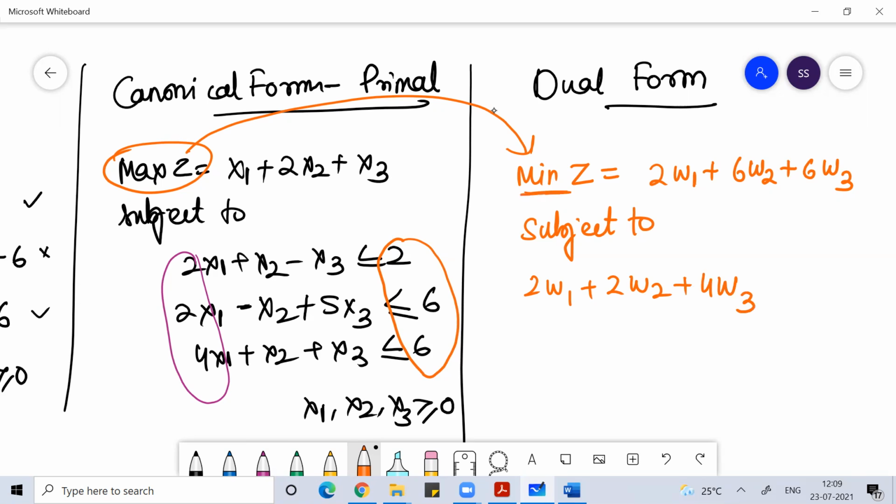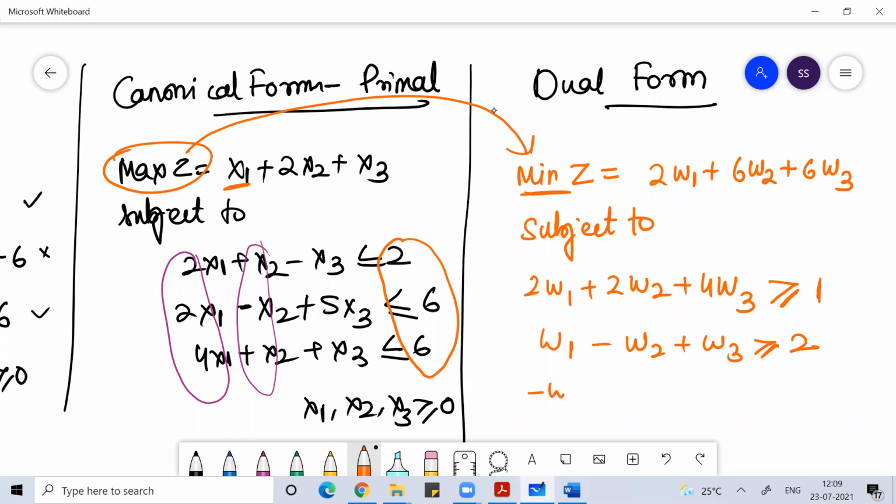Now the objective function is minimum, right? So in canonical form the sign will be greater than or equal to the coefficient of the objective function of the primal. Similarly, you can take this: W1 minus W2 plus W3 is greater than or equal to 2.